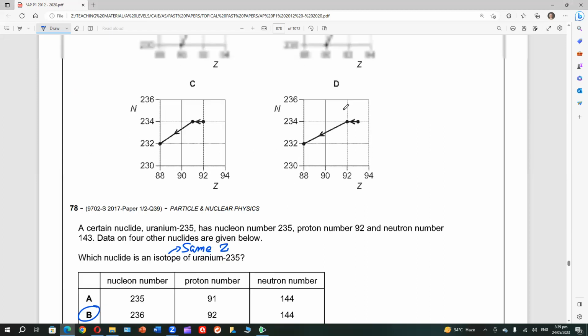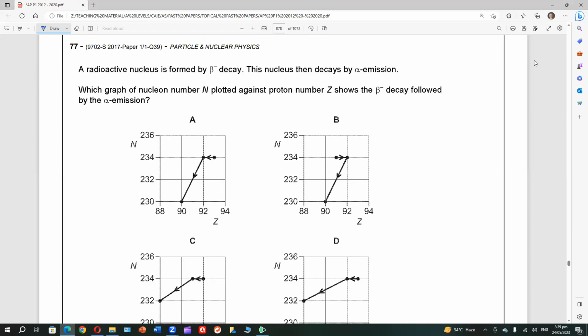A radioactive nucleus is formed by beta minus decay. This nucleus then decays by alpha emission. First beta minus and then alpha. Which graph of nucleon number N plotted against proton number Z shows the beta minus decay followed by the alpha emission?